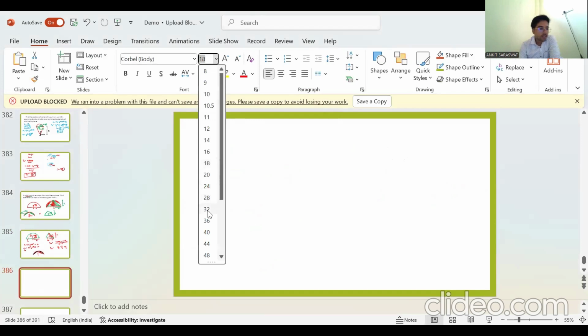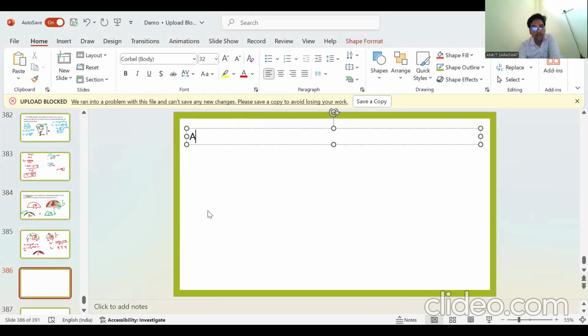Okay, sir. Write down: a disk of radius r by 2 is removed from a bigger disk of radius r, as shown in diagram.